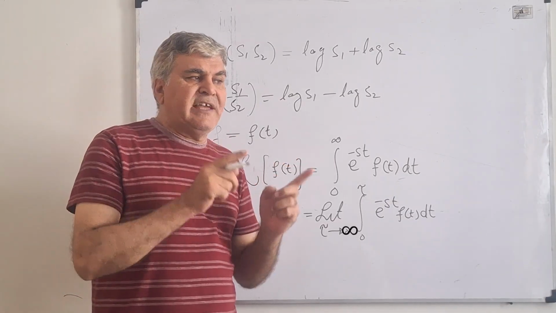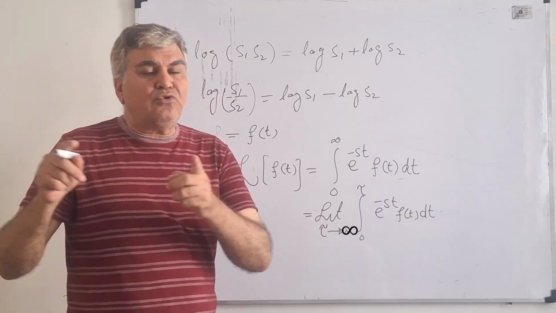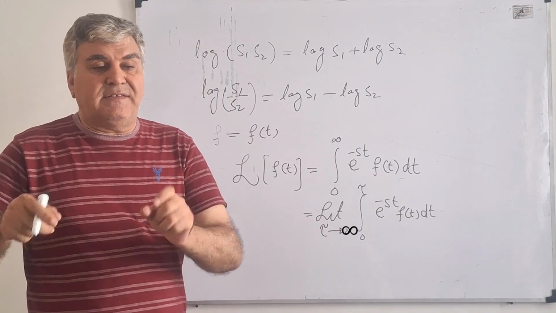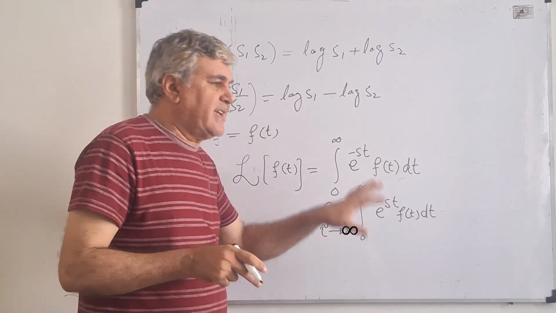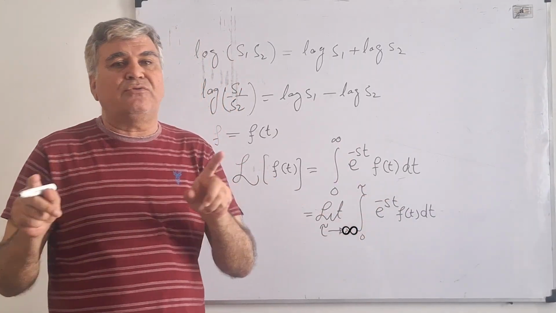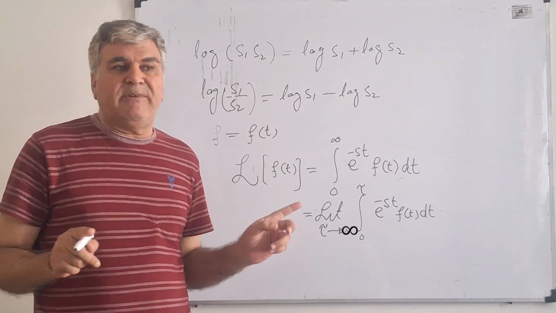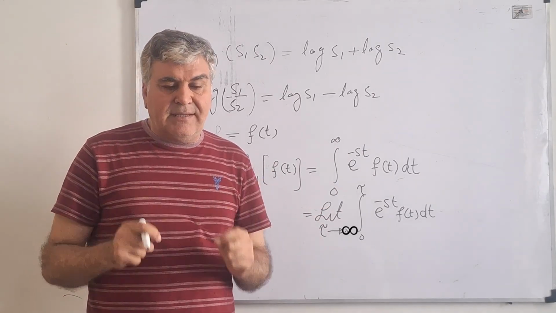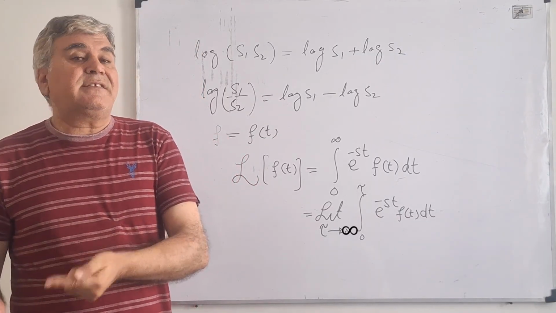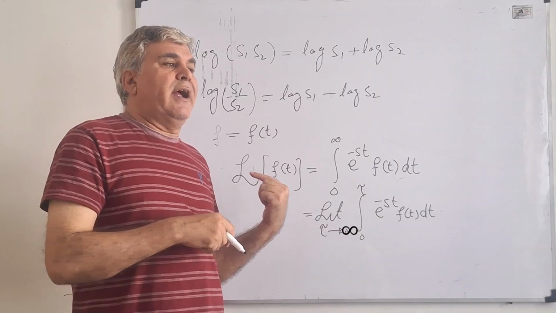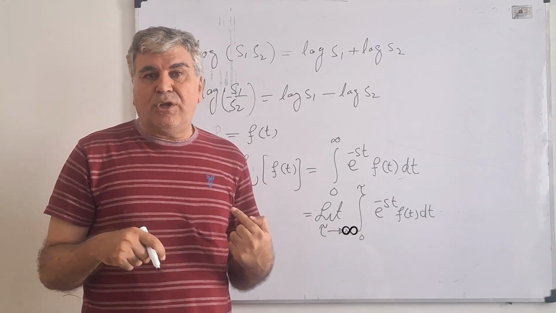Then we use the rules of algebra to find the solution of that algebraic equation. This is the second step. And number three, the result of the algebraic equation is retransformed to find the solution of the original differential equation.